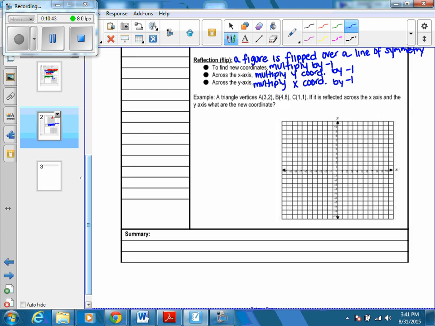So if I talk about this example where I have a triangle's vertices A, B, and C, and it's reflected across the x-axis and the y-axis, what are the new coordinates?